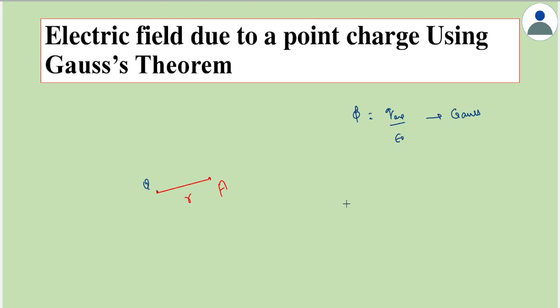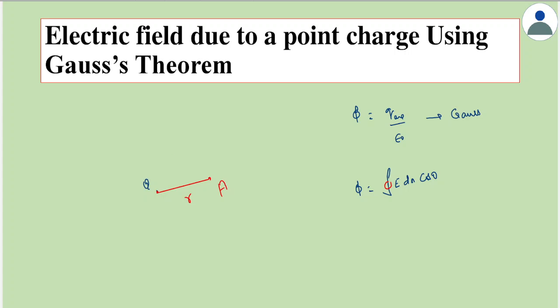But recall what phi itself is defined as. By definition, phi is given as the integral of E into dA into cos theta. And since we are finding it for a closed surface, because Gauss theorem is true for a closed surface, we can take integration over the entire surface.